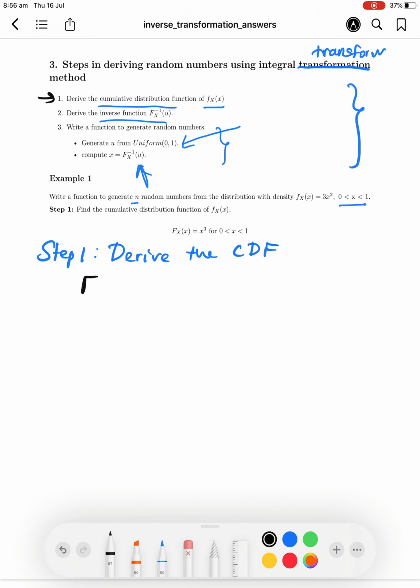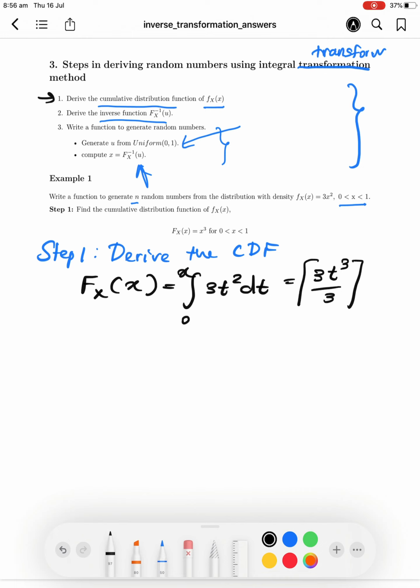We have F_X(x) by integrating from 0 to x. So here we have x cubed, where x is between 0 and 1.